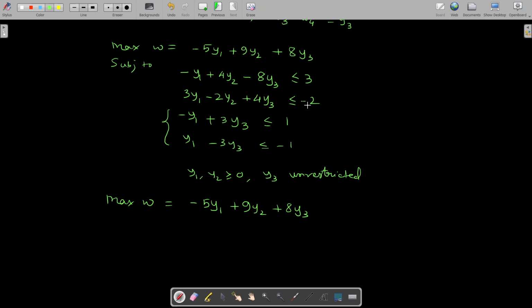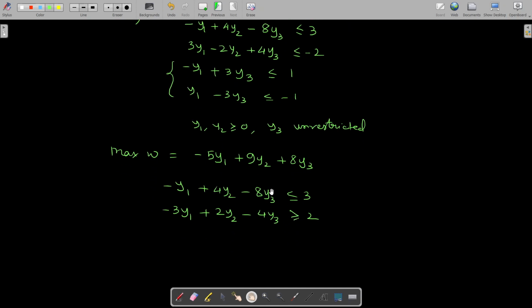And if you don't want a negative sign on the right hand side, then we can also do that. So subject to y1 plus 4y2 minus 8y3 less or equal to 3, we have minus 3y1 plus 2y2 minus 4y3 greater or equal to 2, just to get rid of this negative sign.